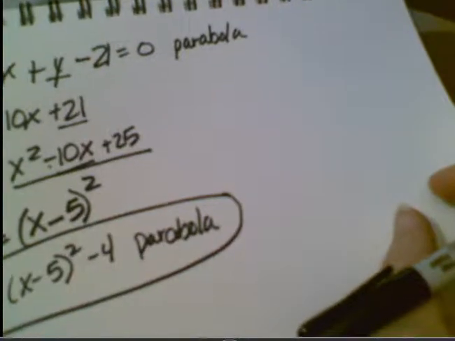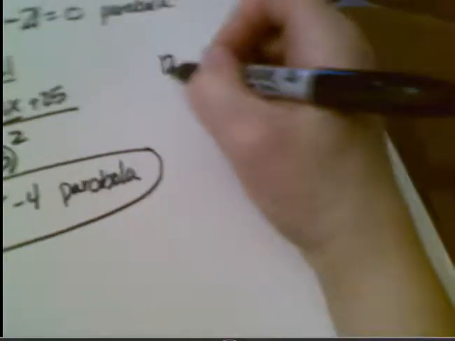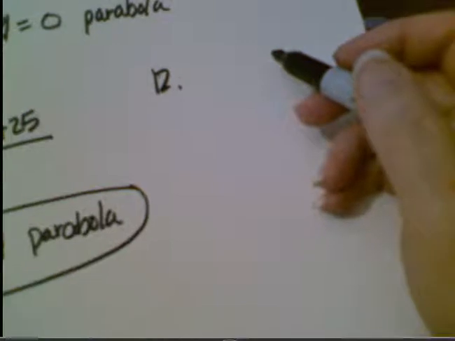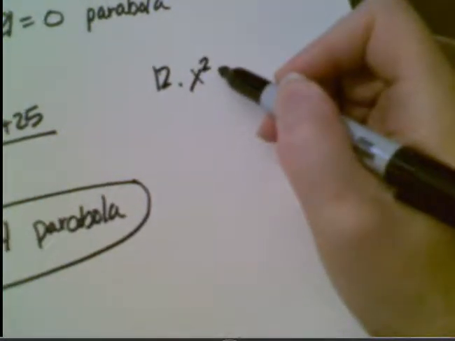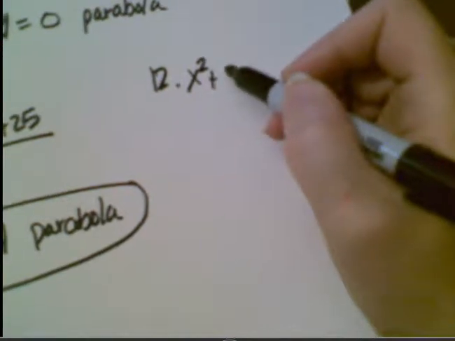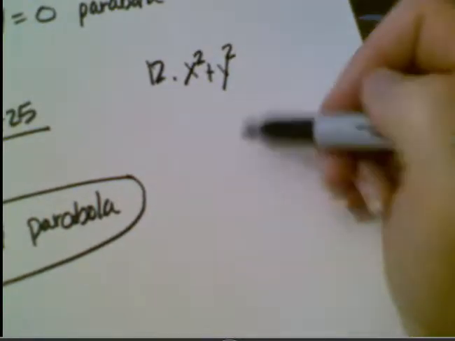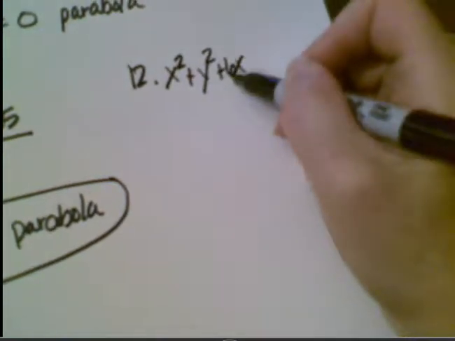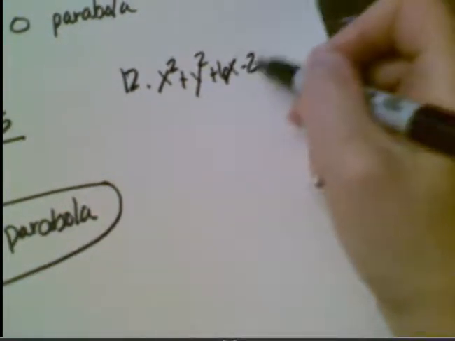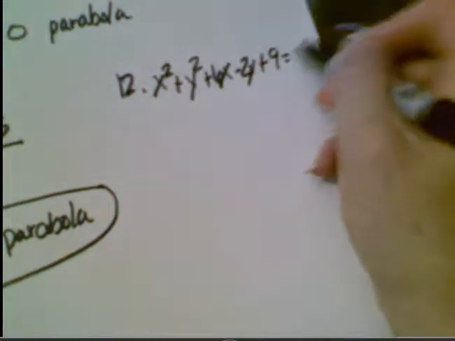Let's do number 12. 12 says x squared plus y squared plus 6x minus 2y plus 9 equals 0.